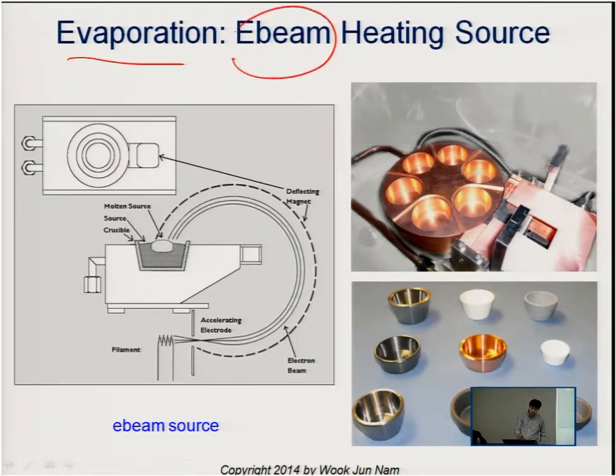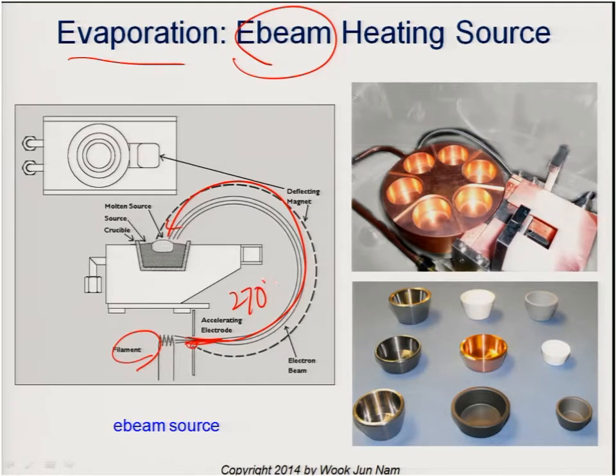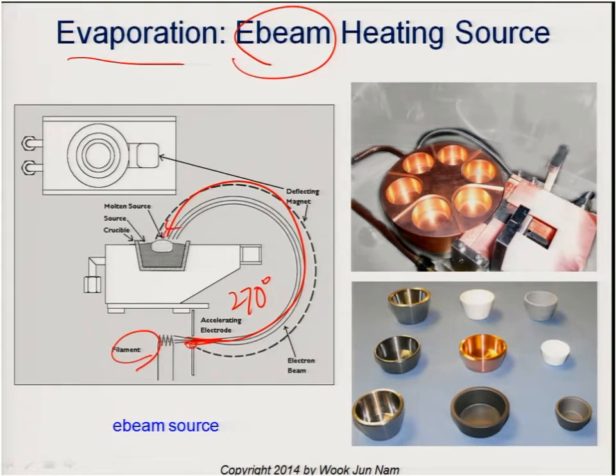For the E-beam evaporation, it has a filament that generates electron beams, and there is a configuration of magnets. The generated electron beams are bent about 270 degrees and land on the crucible. This is an example of a crucible. Depending on the source material, you can use a metal crucible, carbide, or some ceramic crucibles.